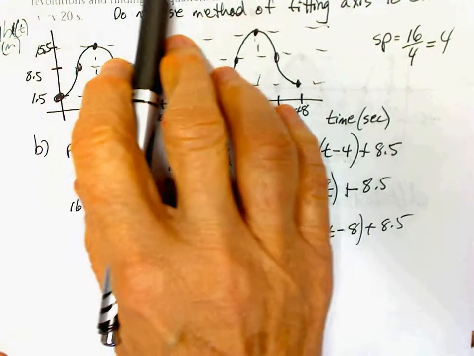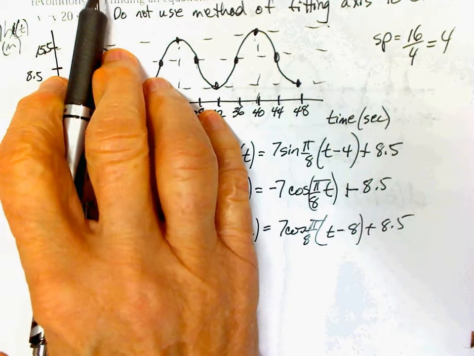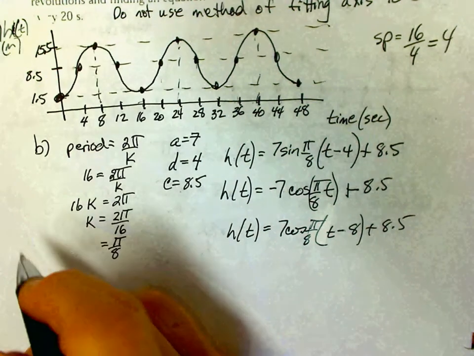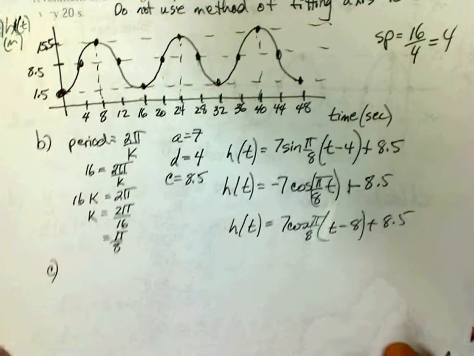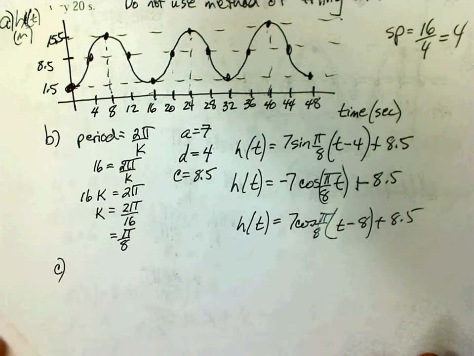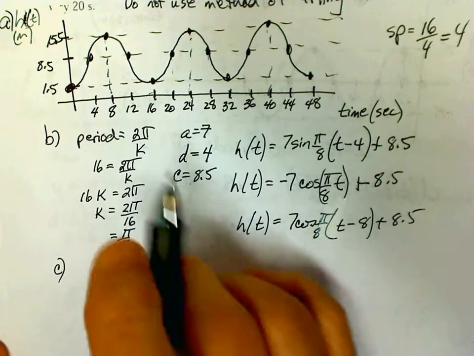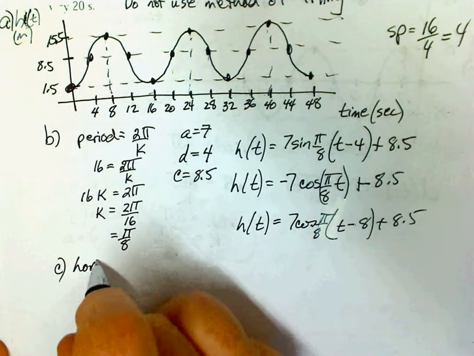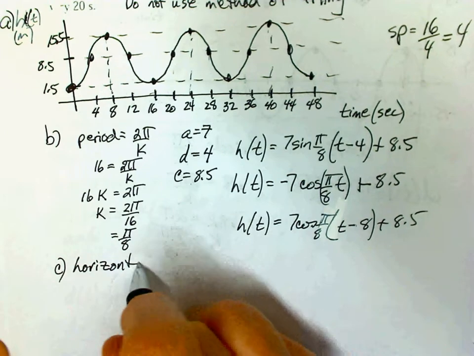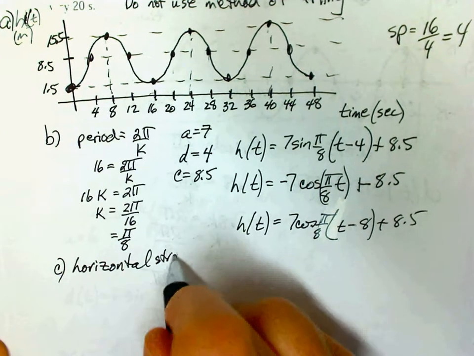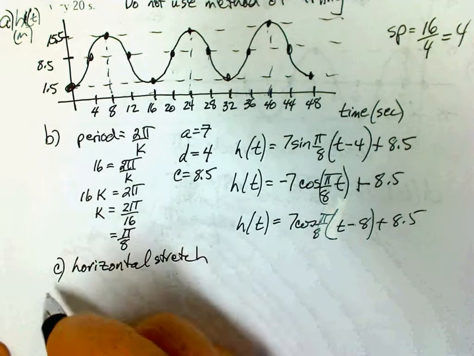Do we have a horizontal stretch or a compression? Yeah, it's a horizontal stretch if it's more slowly. So let's look at part D, sorry. We'll just graph this again.